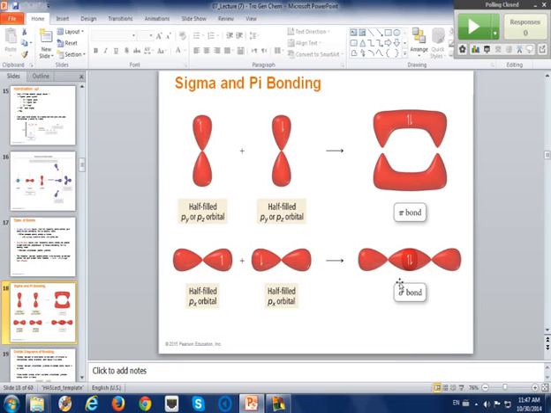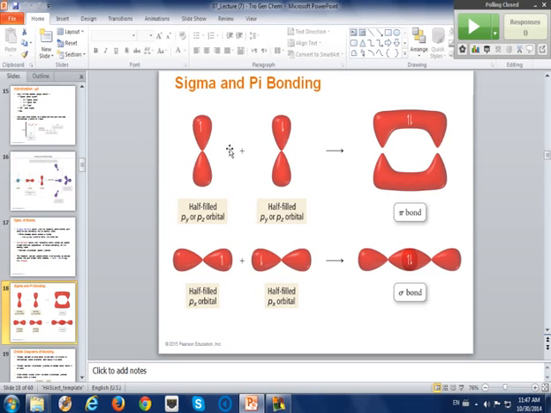On the other hand, for pi bonding, maybe we could consider on these atoms the pz and the py orbitals, which are perpendicular to the px, you recall. And so as these atoms approach, it may be possible that these perpendicular orbitals may overlap in a region not involving the plane of these nuclei.